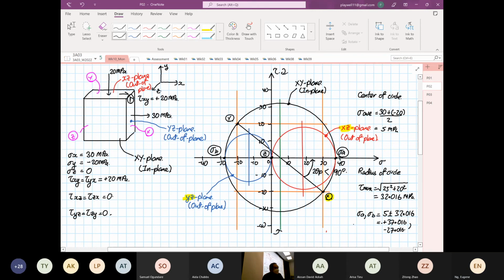So if this is our point Z, the X point over here goes into stress A at less than 2 theta P. That's why we call it the XZ plane.